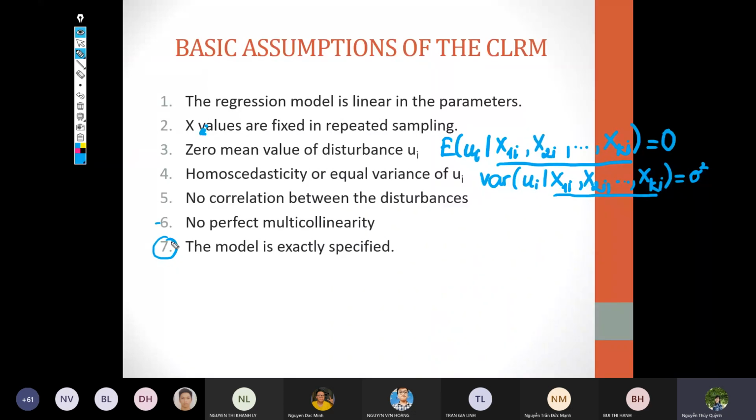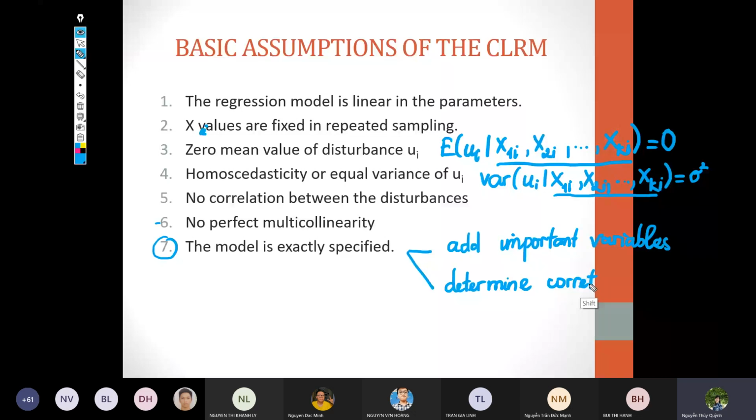For assumption number 7, the model is correctly specified, which means that you can add all the important variables into the model to explain the dependent variable, and also you have to determine the correct functional form of the model.